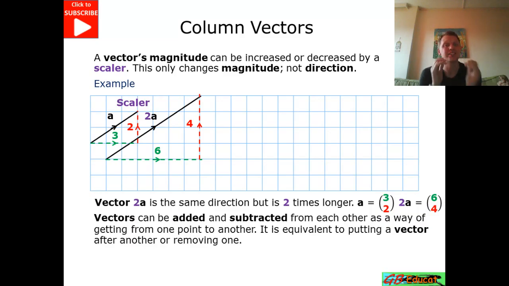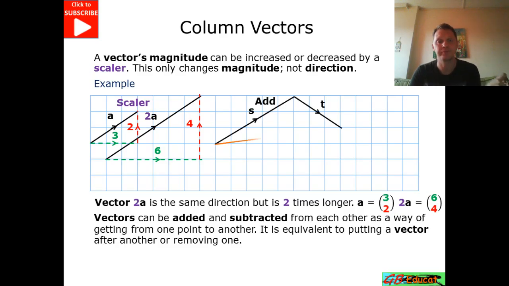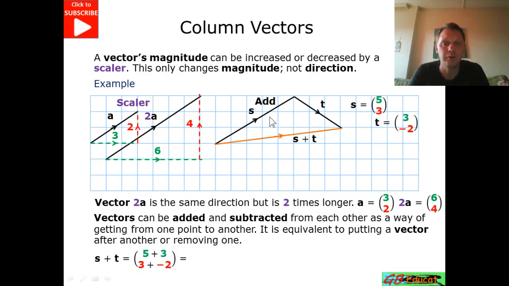We can also add or subtract vectors, which is the exact same as adding a vector to another or taking one away from this. For our example, we've got s, which is a vector of 5, 3. So across by 5 and then up by 3.